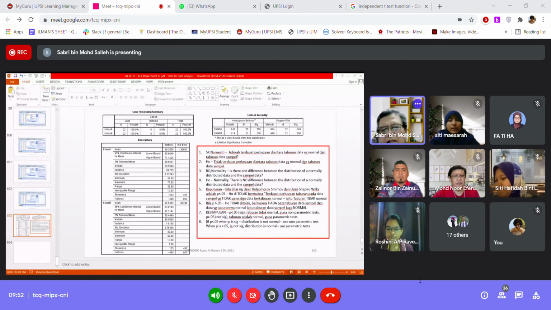Okay, cuba baca what's inside the red box. Try to understand what is written within the red box first.